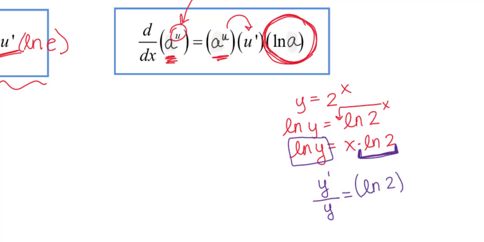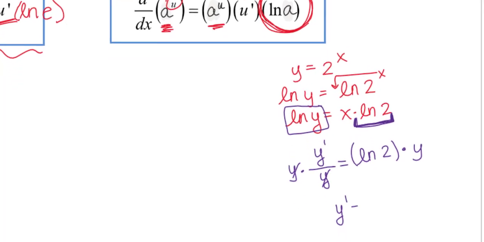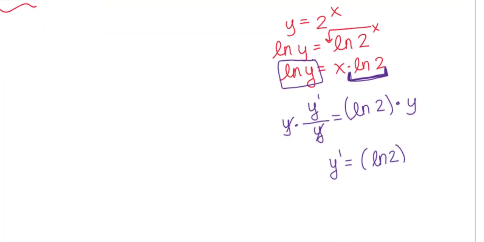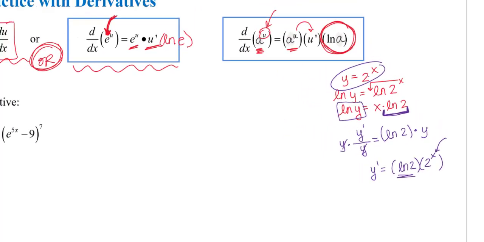In order to solve for y prime, I multiply both sides by y, and the original y is the original function, 2 to the x. Now here I did not have necessarily a chain rule, meaning the derivative of x is 1. I don't have to say times 1, but I can sort of see where that natural log of 2 needs to come into play.